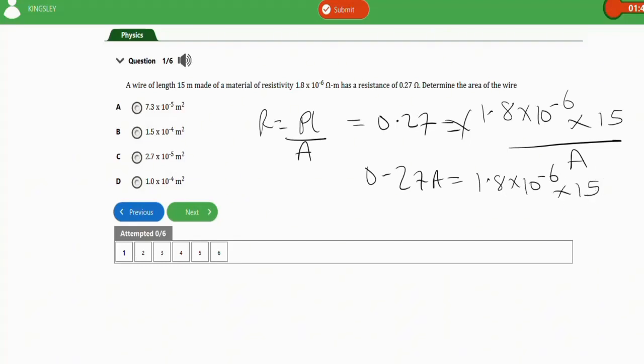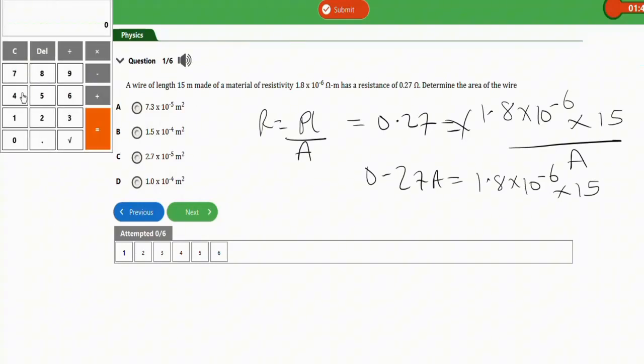So let's punch this on the JAMB calculator. We are going to divide both sides by 0.27 to get our A.